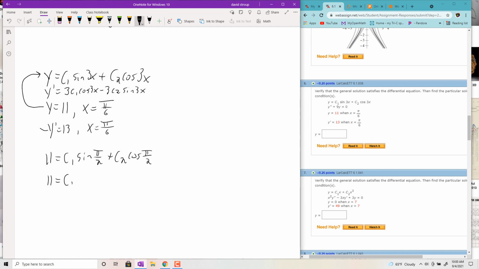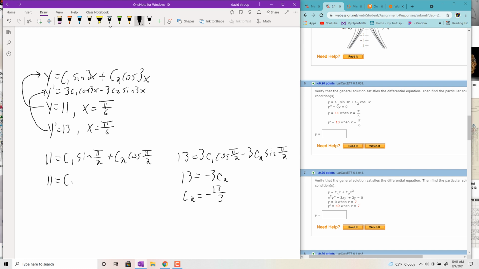Then I'm going to take this junk and plop it into there, so I get 13 equals 3c1 cosine of pi over 2 minus 3c2 sine of pi over 2. And again, cosine of pi over 2 is 0, so you just get negative 3c2 times sine of pi over 2, which is 1. Ugh, so c2 is negative 13 thirds.